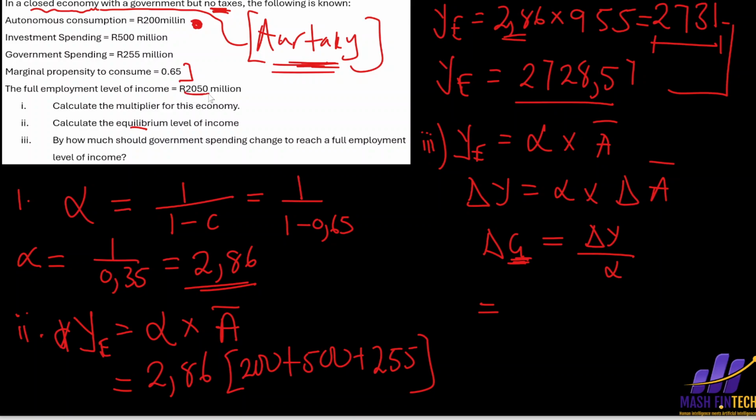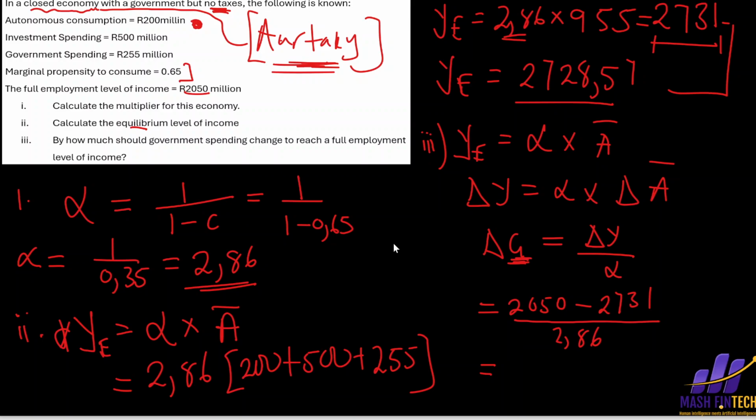And then this is equal to, you take the new value that is given to you, which is the full employment 2050. Then you subtract the income that you calculated, 2731. You divide by the multiplier 2.86. And then you solve this: 2050 minus 2731, divided by 2.86.